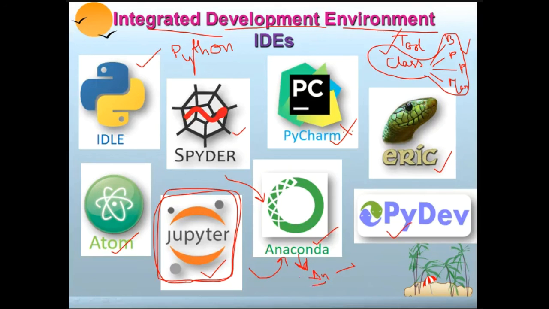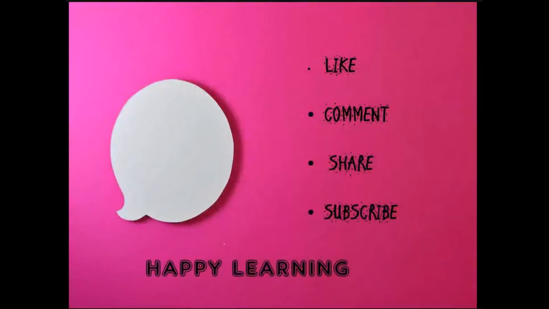So I prefer you to download Anaconda, where you can get all of this in a single file. Moreover, your IDLE also works fine, where you have to run your program in your command prompt. So let's try to understand how to download this Anaconda software in our coming sessions in a step-by-step process.